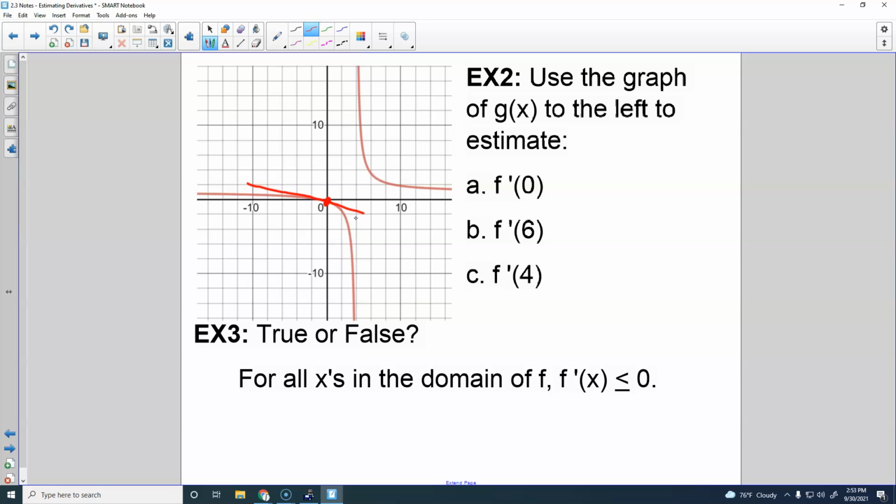What I've drawn here would have a slope of negative 0.2. But the main thing is you've got an estimate that's negative, it must be negative, and it should be somewhere between negative 1 and 0. It should not be like negative 2.